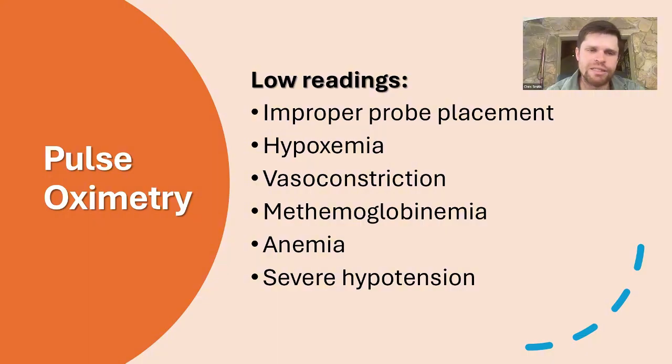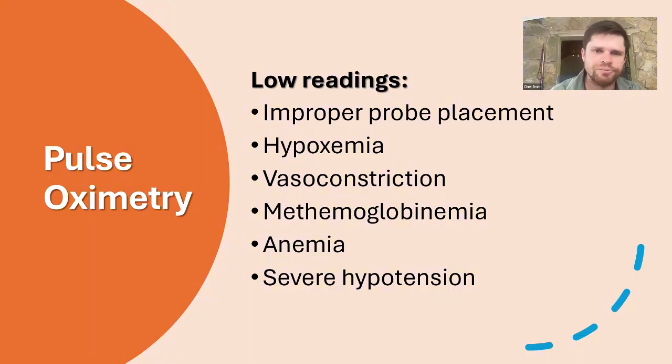Is there massive vasoconstriction, which could be drug induced? Is that animal very hypoxic? Again, generally drug induced. Something like methemoglobinemia, anemia, and severe hypertension can also cause those readings to go very low. So it does have limitations, but at least it does give you a clue as to something that's going on physiologically.